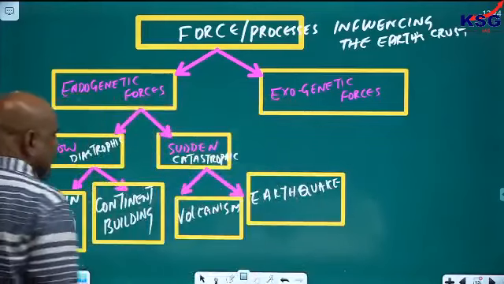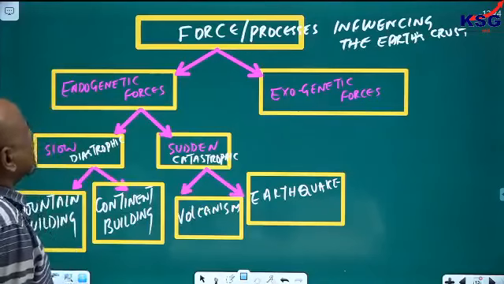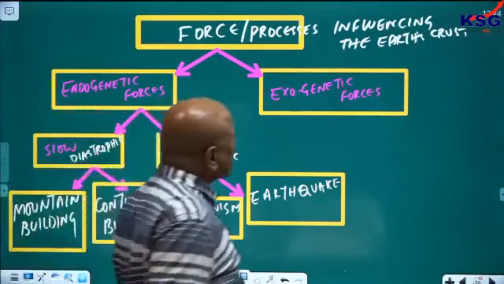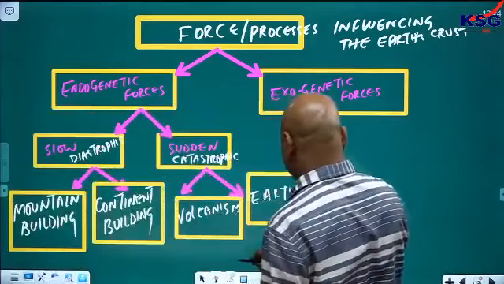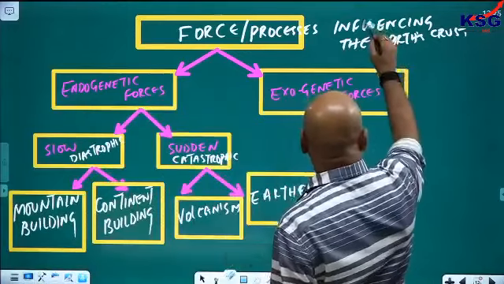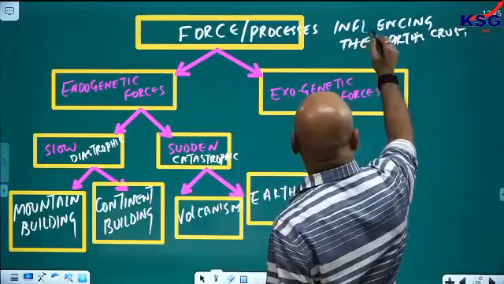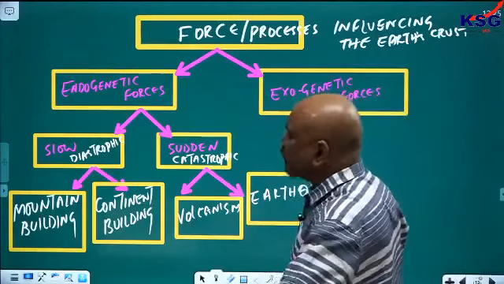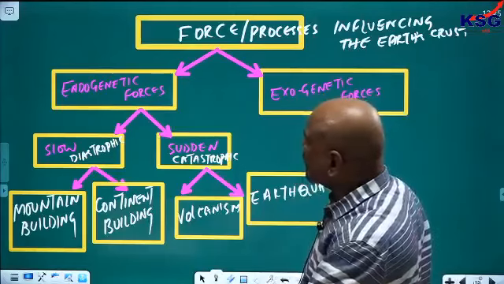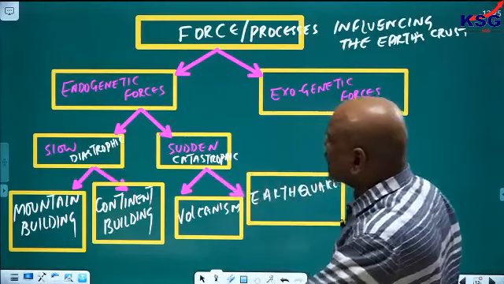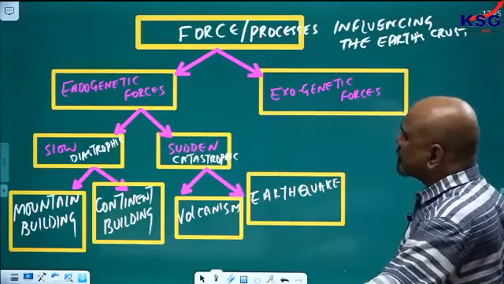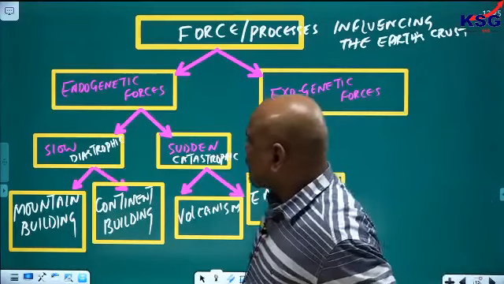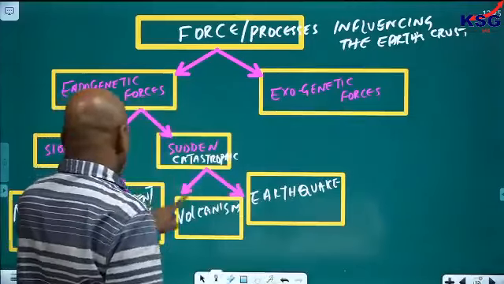Now, as I just mentioned, forces or processes influencing or modifying the earth's crust are of two types. Endogenetic forces come from the inside, exogenetic forces from the earth's atmosphere. Slow or diastrophic, and sudden, catastrophic.